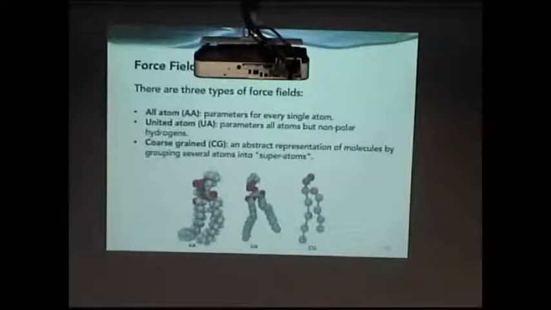So from here to here, you have increased your efficiency, but from here to here, you decrease the information you can extract about your system, like some specific interactions or things like that, okay?